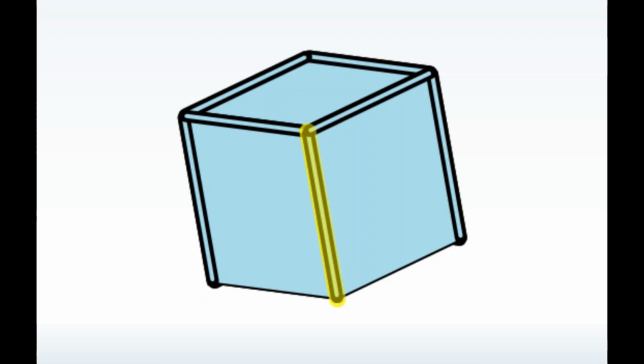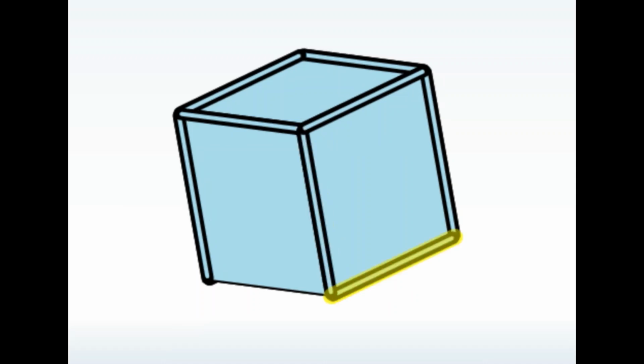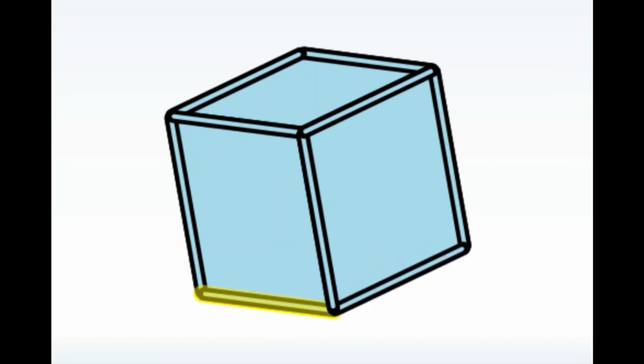And then I'm going to move it again. I'm going to keep counting. I got 11. And then I'm going to finish it off here with 12. So we know that the number of edges that a cube has is 12.